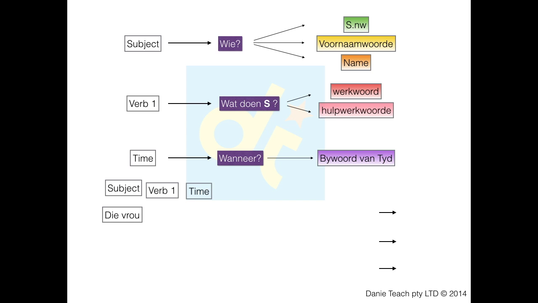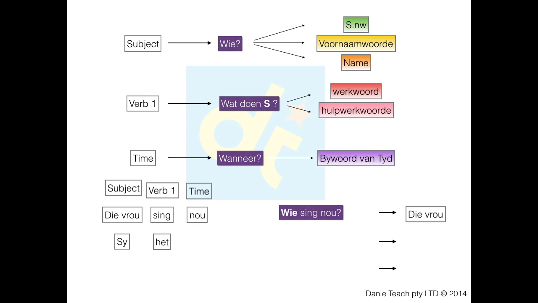Right, so let's use the sentence, die vrou sing nou. And if we ask wie sing nou, you look at your subject, and the answer would be correct, die vrou. Very good. And then the next one, let's use the sentence, sy het vroeër gesing. This one is clearly in the past.